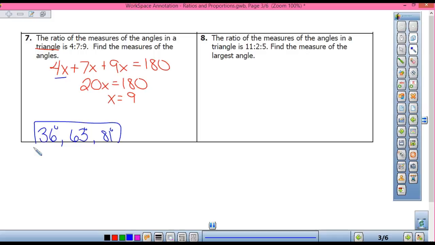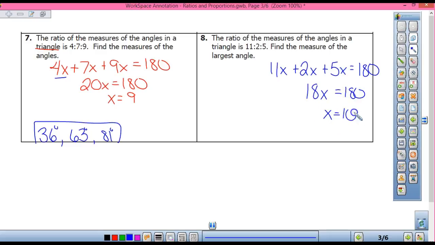I'm going to set up 8. 11x plus 2x plus 5x equals 180. How many x's? 18x equals 180.